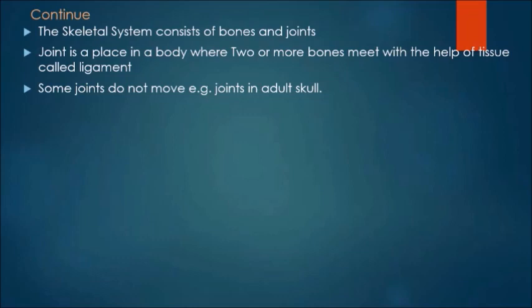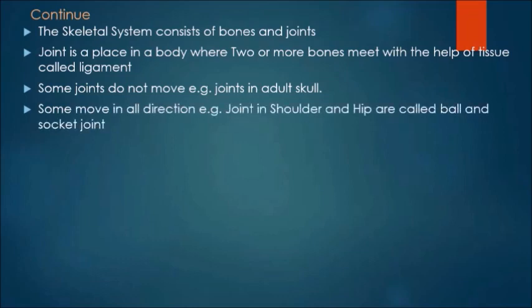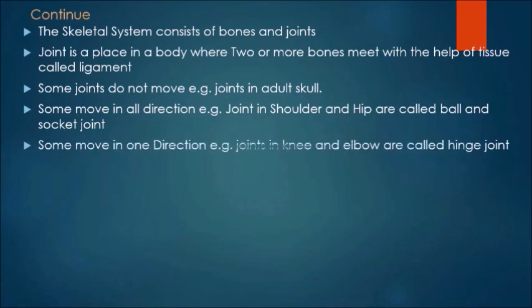Some move in all directions, for example, joints in the shoulder and hip are called ball and socket joints. Some move in one direction, for example, joints in the knee and elbow are called hinge joints.